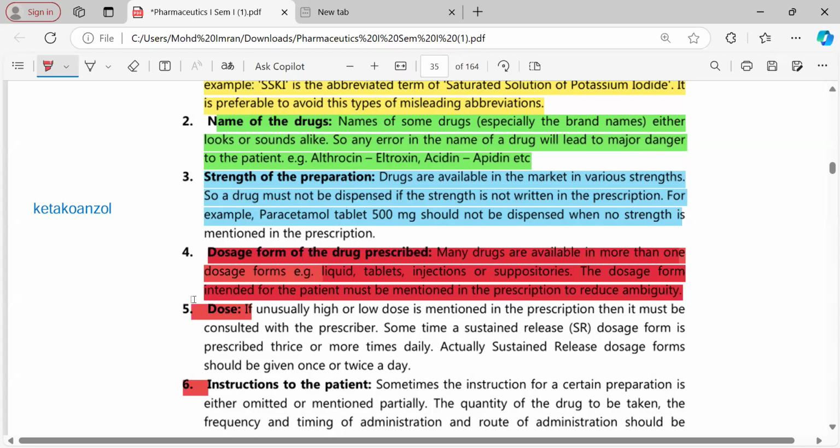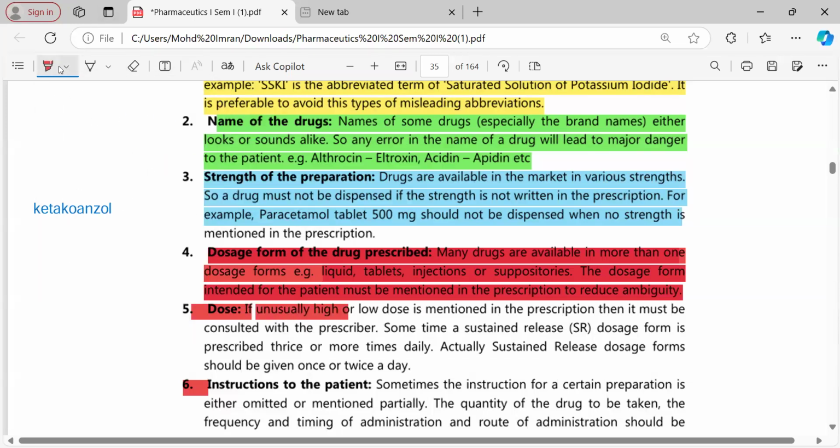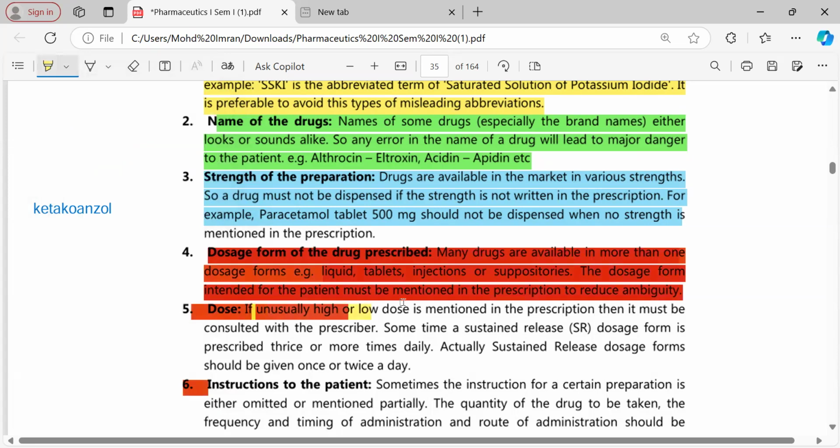Next, dose. Not mentioning the dose is also an important factor, right? Because if you don't mention the dose, the pharmacist should not decide on his own what dose should be given, high or low. The dose should be mentioned in the prescription, consulted by the prescriber for this particular patient.